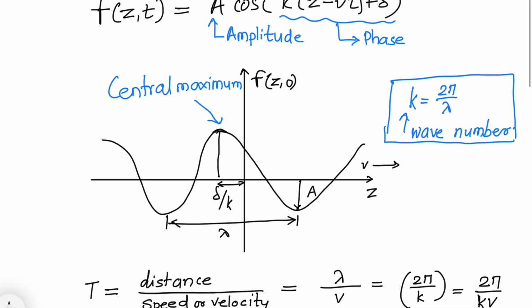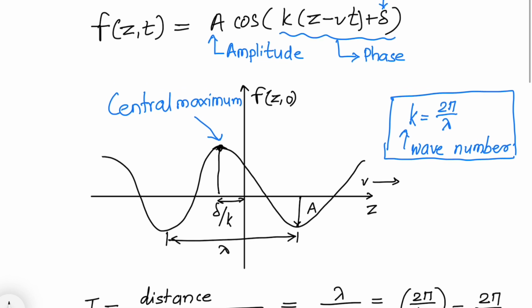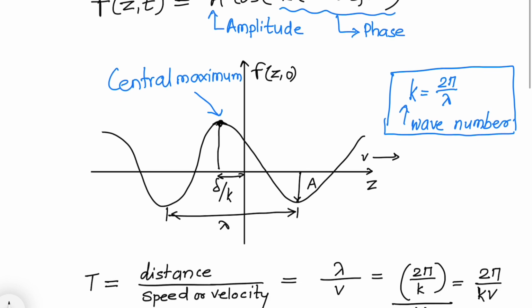The wave has one central maximum, and it will be maximum whenever the phase is equal to 0. If we equate this phase to 0 at time t = 0, we will get z = δ/k. So the wave is lagging behind by δ/k, as shown here.